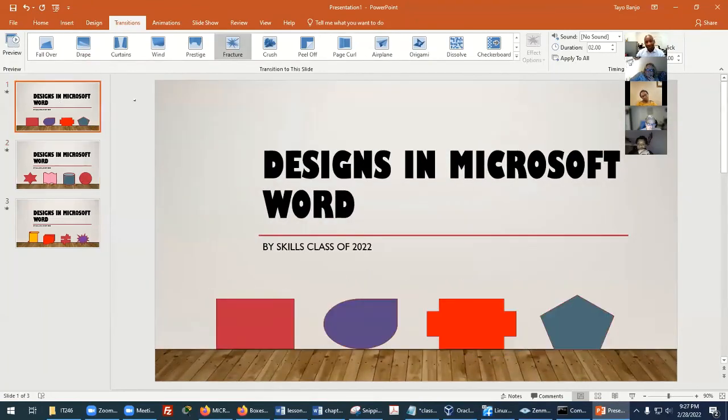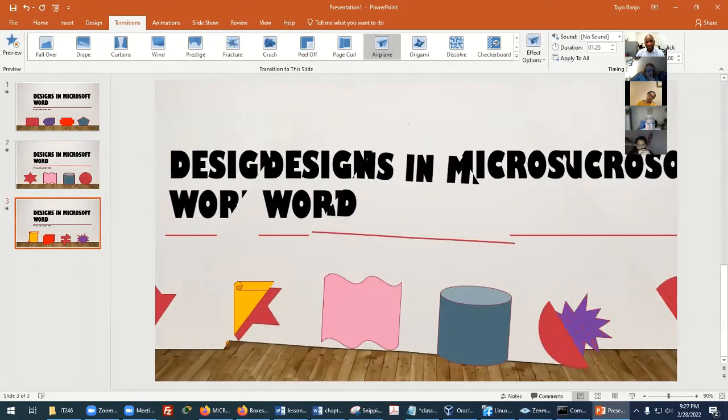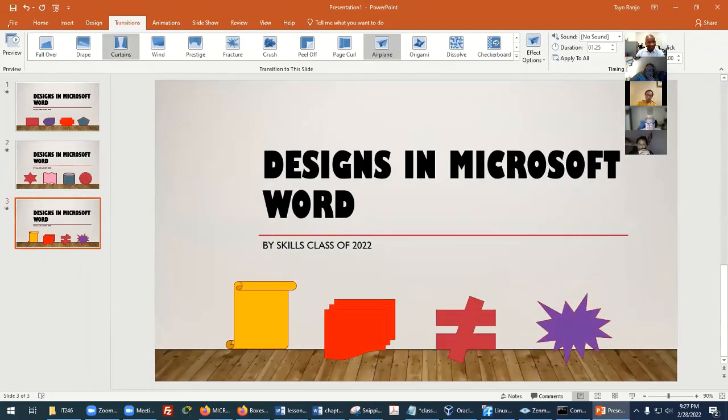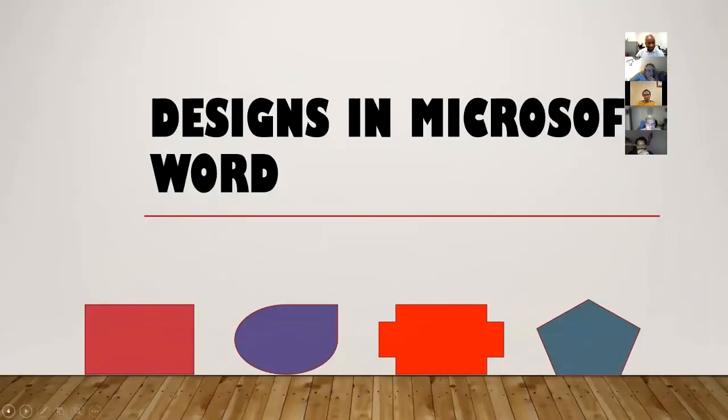In fact, some people decide to have different transitions for different pages. That's one. Then for this one, you're going to have another. And then for this one, you're going to have Airplay. It's going to be very annoying, but let me just show you what it looks like. So from the beginning, that's one.